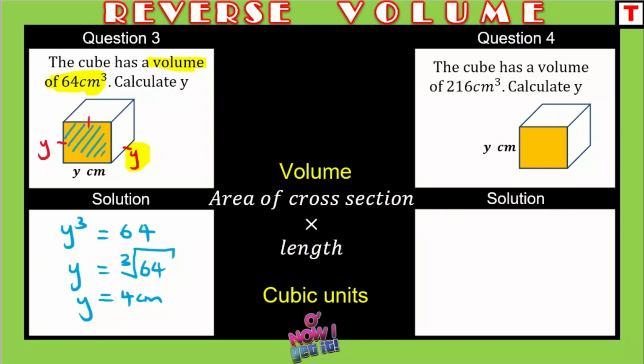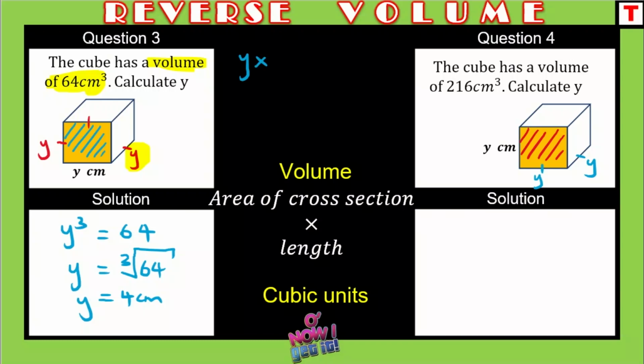Okay, welcome back if you had a go. So we are going to be focusing on the cube. So we know that all the sides of the cube are going to be the same. Therefore I want to find the area of the cross section to start off with. So the area of this cross section is just going to be the side multiplied by the side.